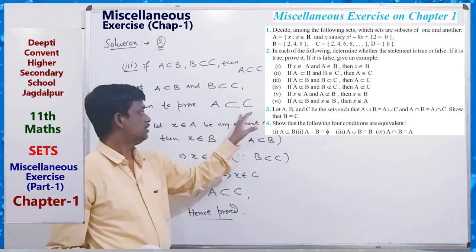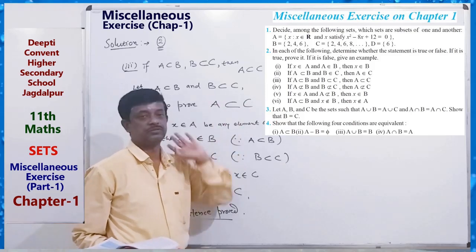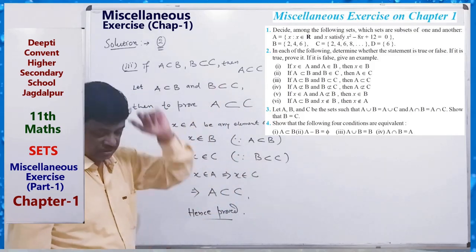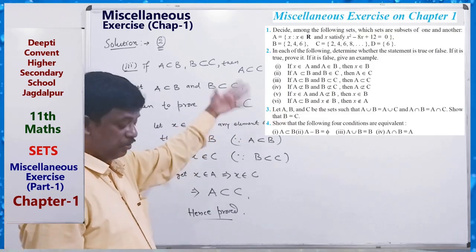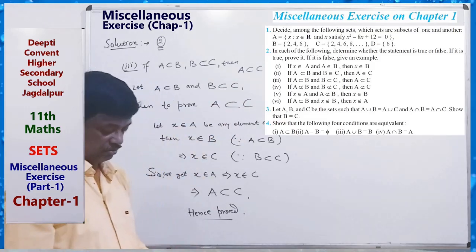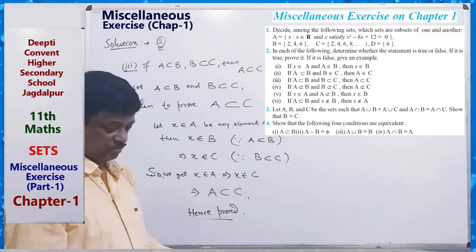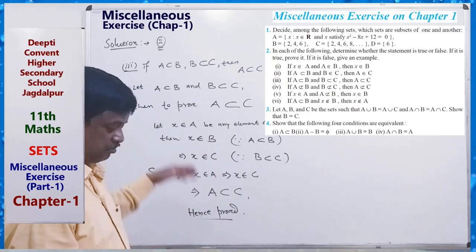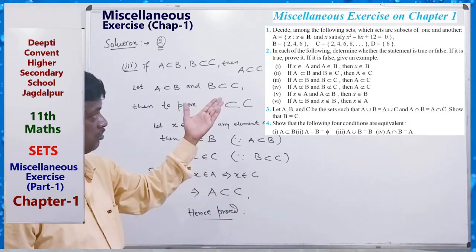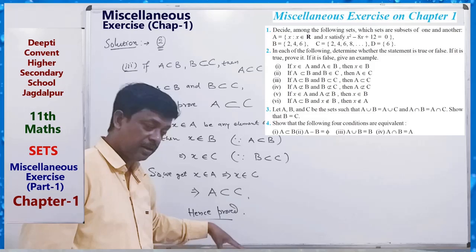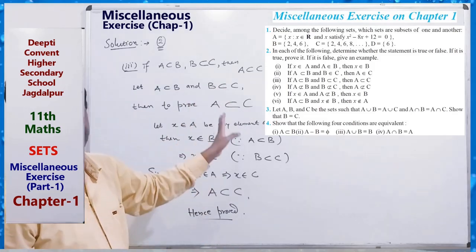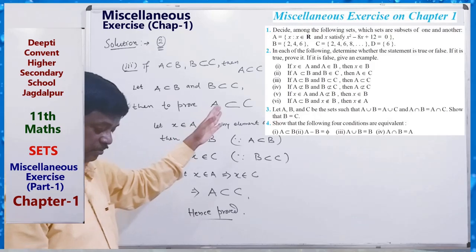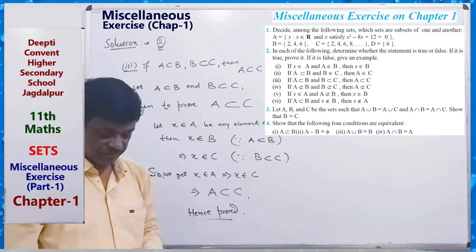If only subset, then X belongs to this implies X belongs to this; you have to prove that. So this was question third of second. The remaining three questions you can solve. Whichever is true, you have to prove generally, and whichever is false, we will take an example. So try the remaining three questions.